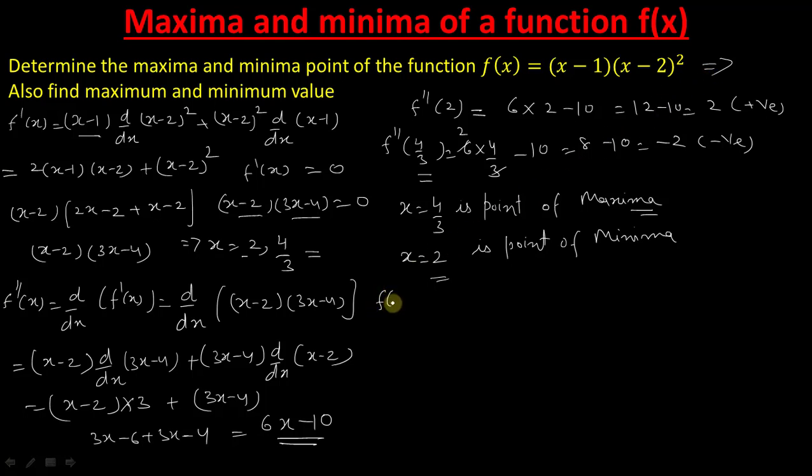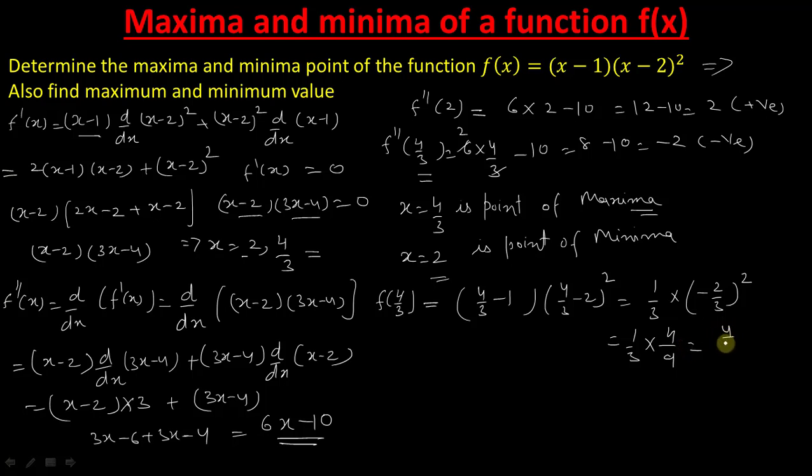So f of 4 by 3 will be your maximum value, it is 4 by 3 minus 1, put here, into 4 by 3 minus 2 square, so it is 4 minus 3 is 1 by 3 into 4 by 3 minus 2 is minus 2 by 3, minus 2 by 3 square, so it is 1 by 3 into 4 by 9, so it is 4 by 27. That is your maximum value of the function. 4 by 27 is the maximum value of the function.